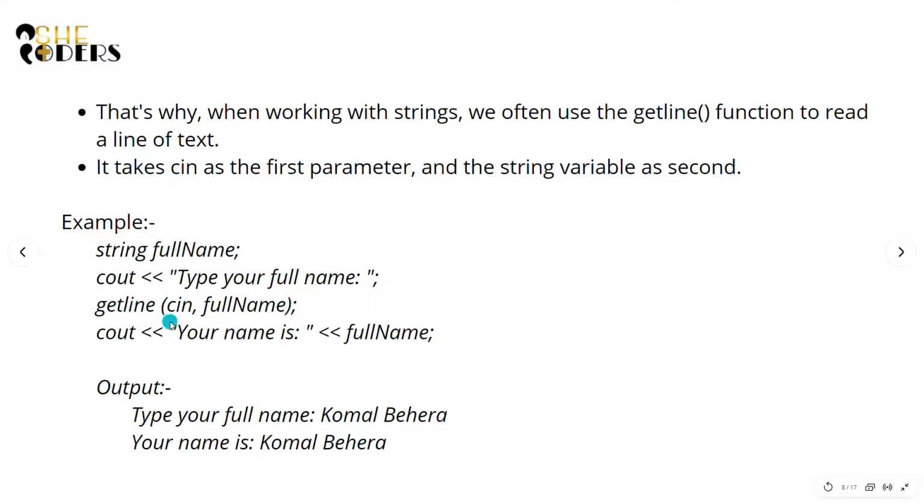Here cin is the first parameter, and full name, that is the variable we have created of the string data type, is the second parameter. Now the computer asks us what is your name, and she types Komal space Behra. It will store this space as a part of that string in the full name variable, and it will show the entire name as the output.